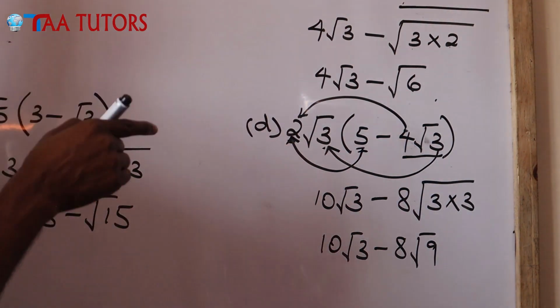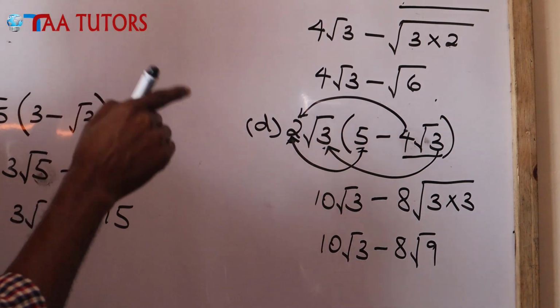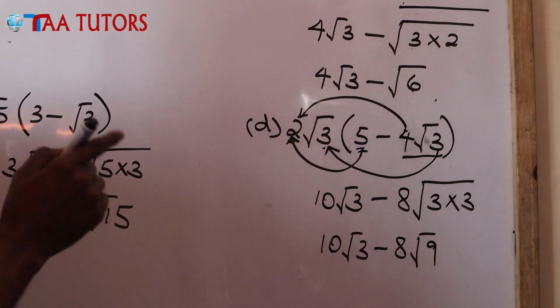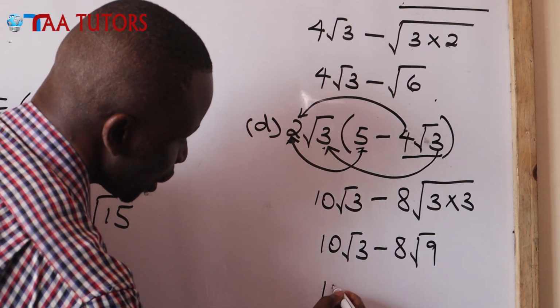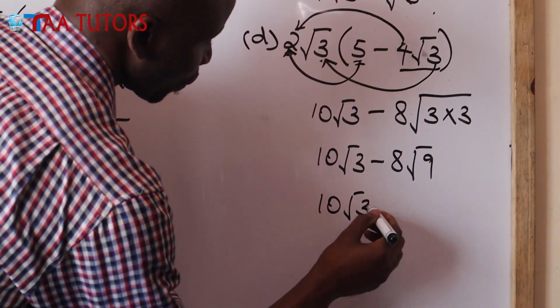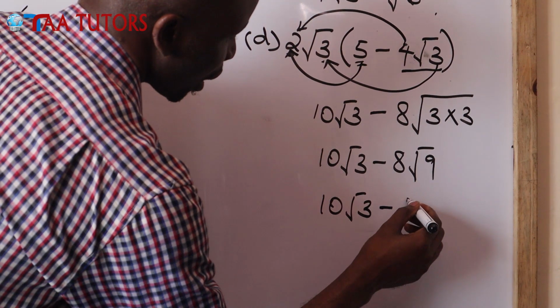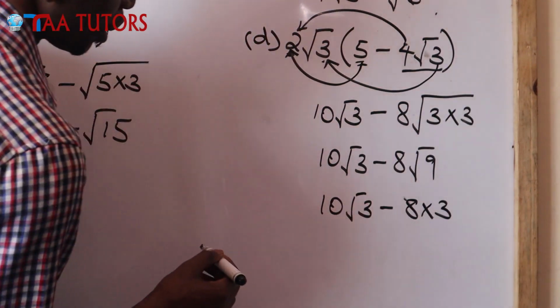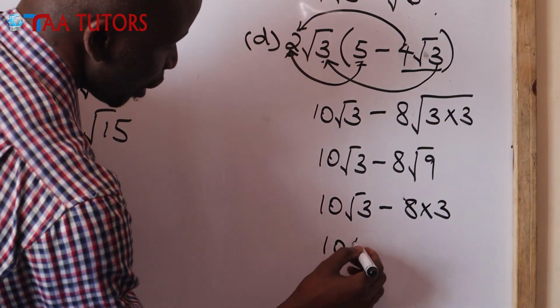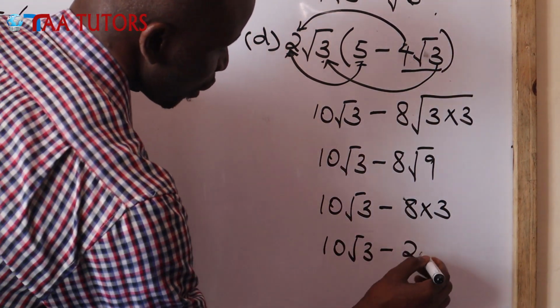But we know √9 is actually a square number, so it means √9 is a rational number. So let's get that rational number, which is 10√3 minus 8 times 3. So we know that's going to be 10√3 minus 24.